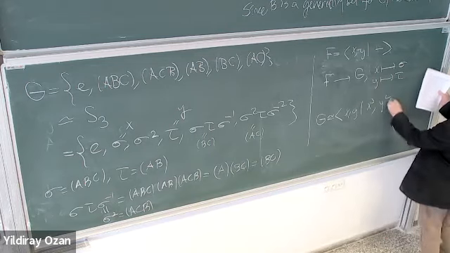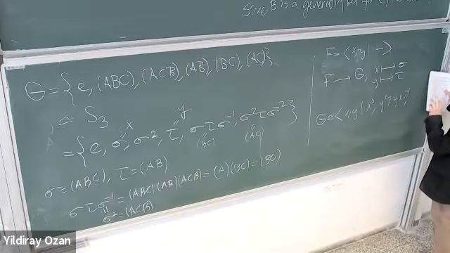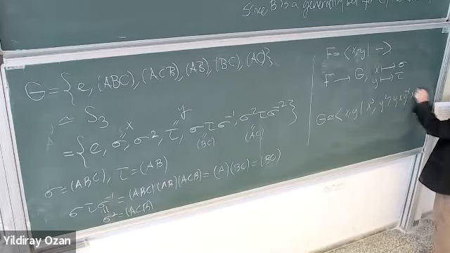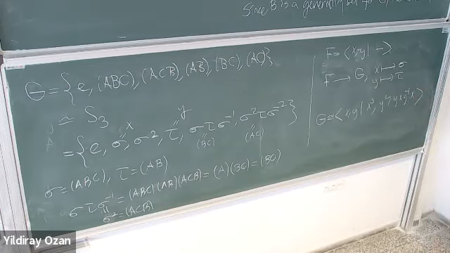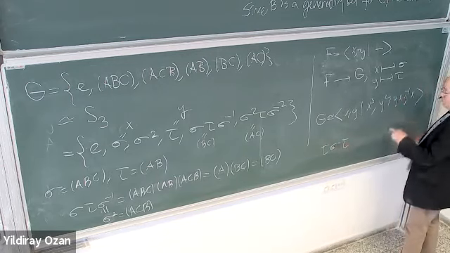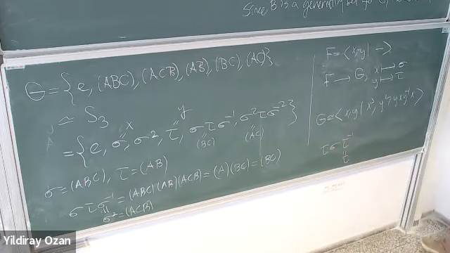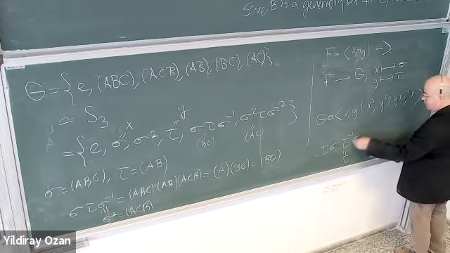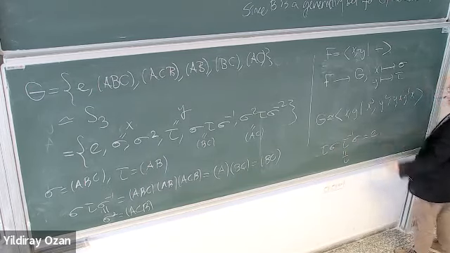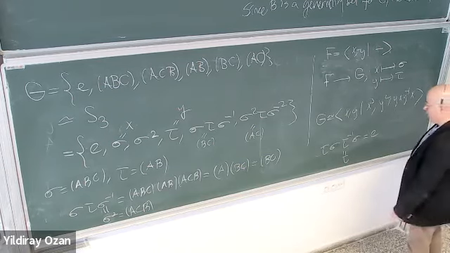It is the following: Y X Y inverse X. So what we mean is the following: tau sigma tau inverse times sigma is just the identity element. This is really the case. We can check.